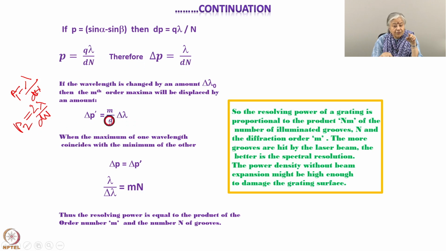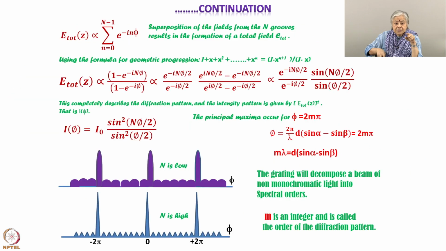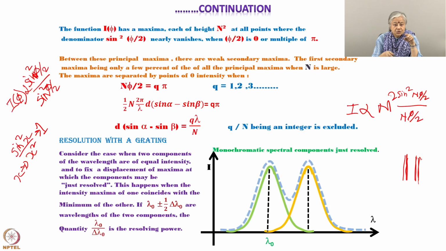Now from another formula, suppose I do it from here, this d sin alpha, I want to bring in this factor m, the order. So I use this formula, so this is again dp upon m lambda. So I am using two formulae, both derived at different times.